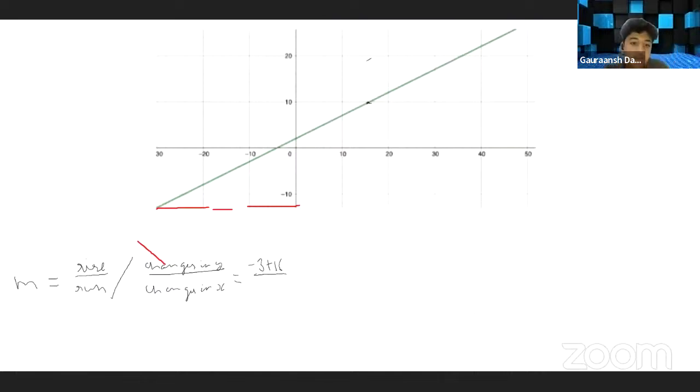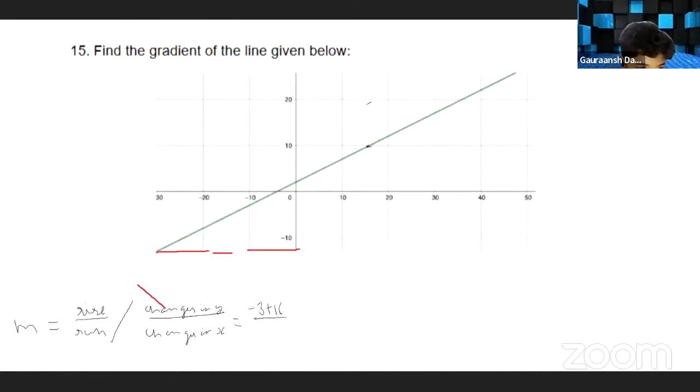I took changes in x. I took this point as point one, and this point as my point two.